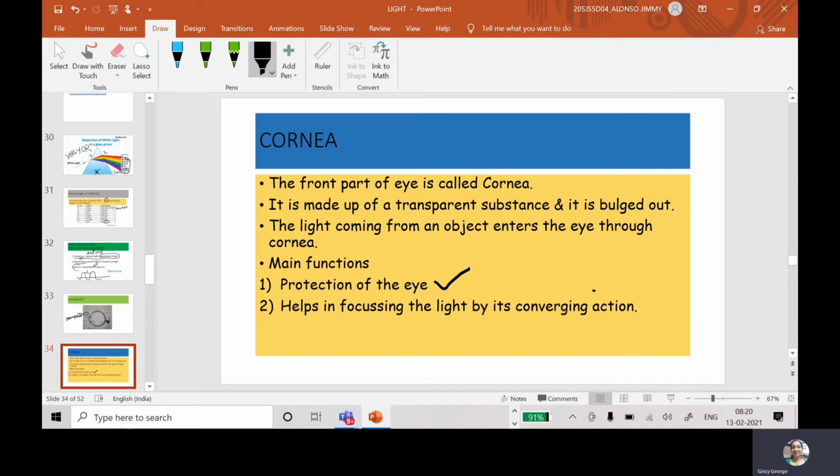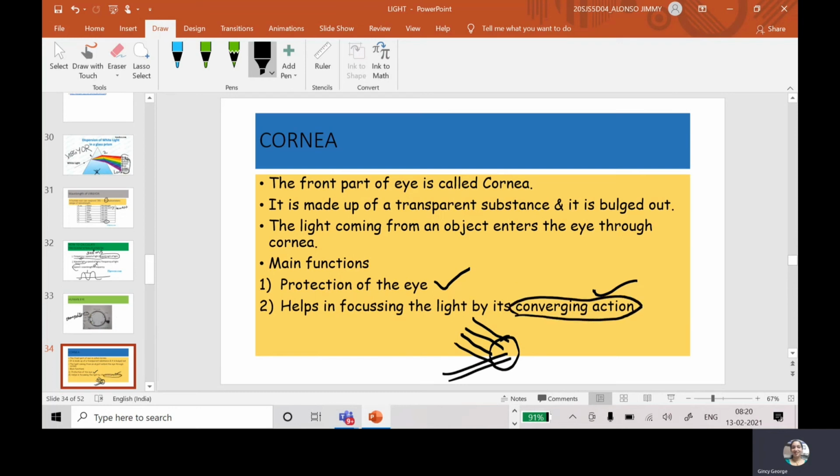The next function is helping in focusing the light by its converging action. Converging means making together. If light rays are coming in different directions, everything meets at one place, and this action is called converging action.